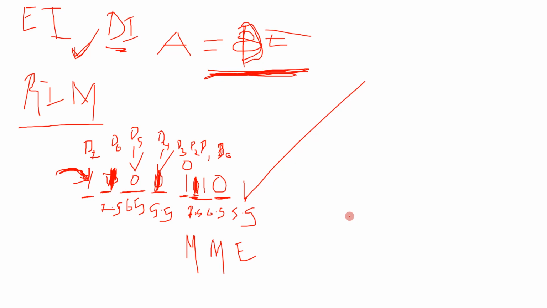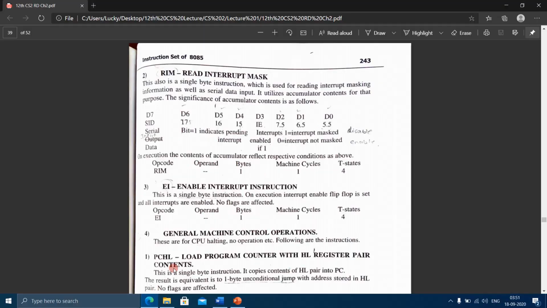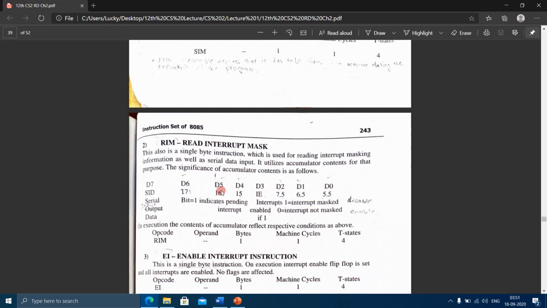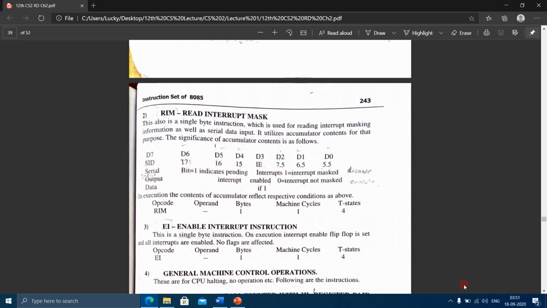Read is only used to read. With the SIM instruction, the programmer can control the interrupts. With the RIM instruction, the programmer can only read the information related to the interrupt. So this was all about the SIM instruction and the RIM instruction.